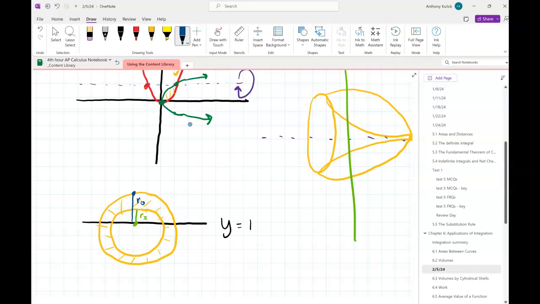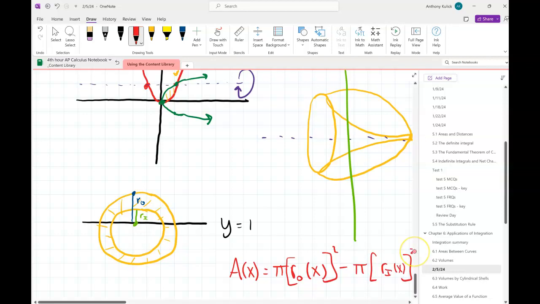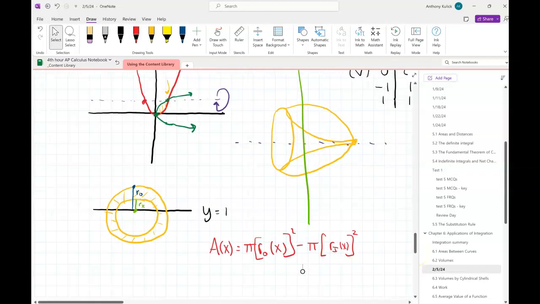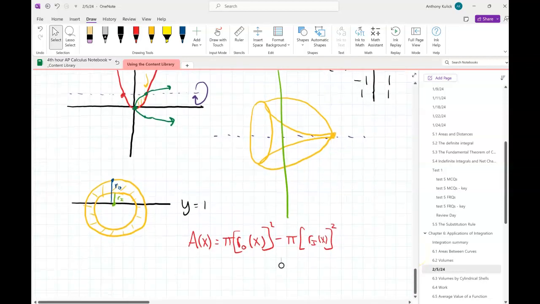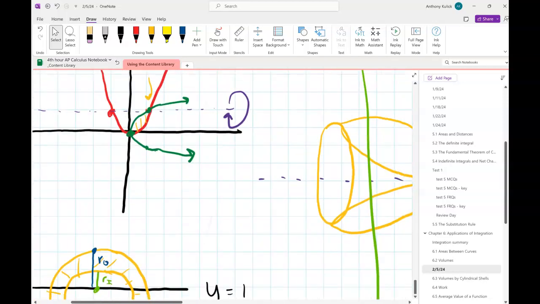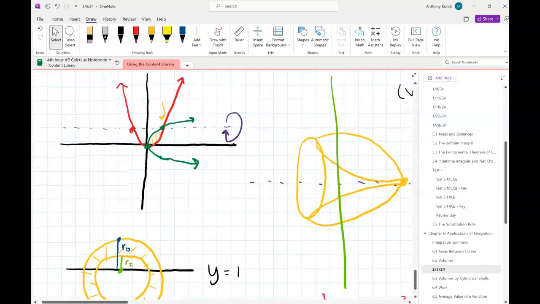Okay. So my area is going to be pi r outer of x squared minus pi r inner of x squared. Can you just plug in 1? No, we definitely do not know it's 1. I wish I'd drawn my picture bigger.